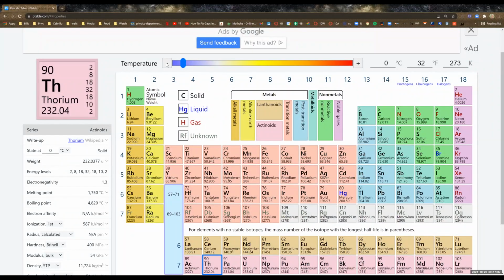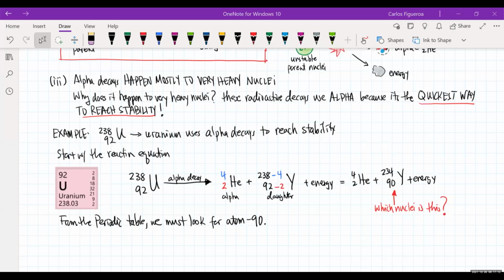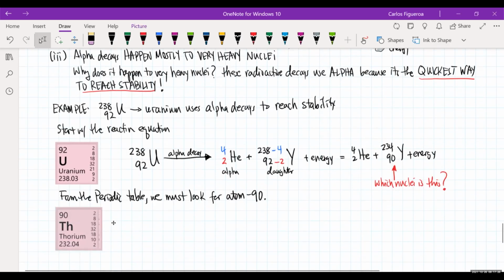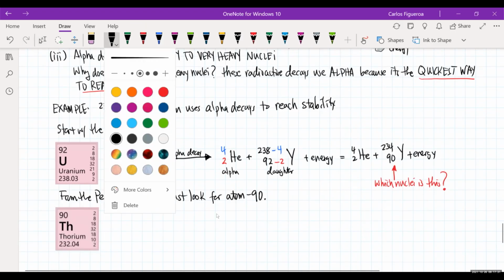So if I now go back to my sheet here, you could see that this element here is thorium. So now I have thorium. What this tells me is that the decay looks like this.